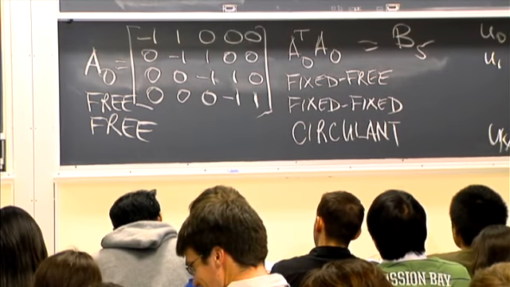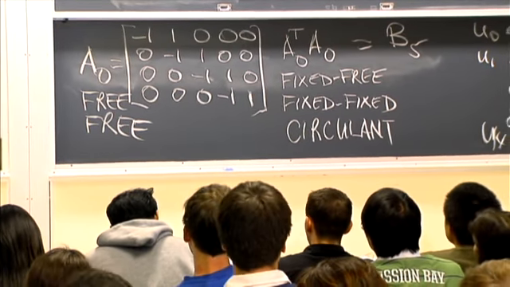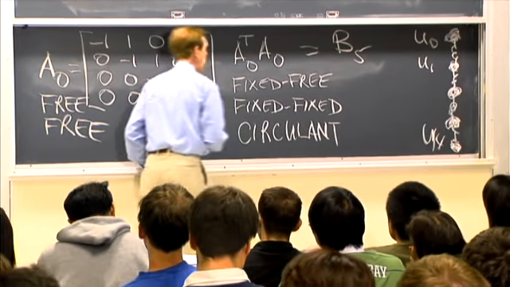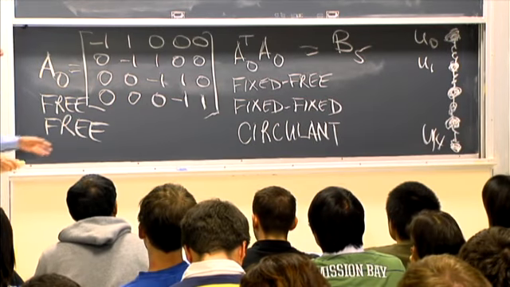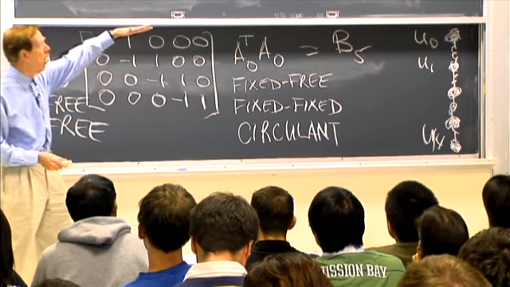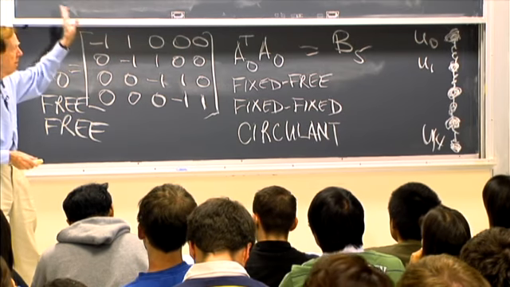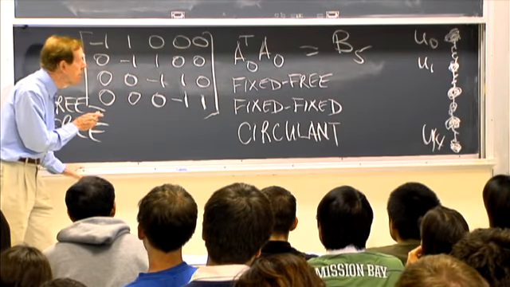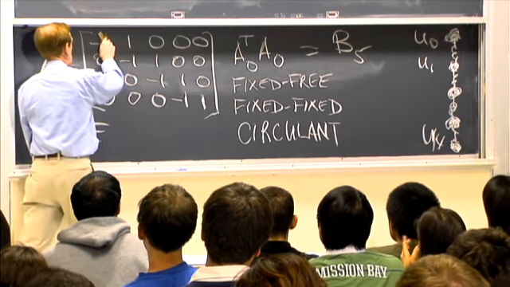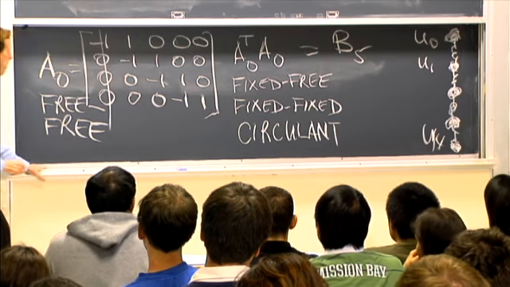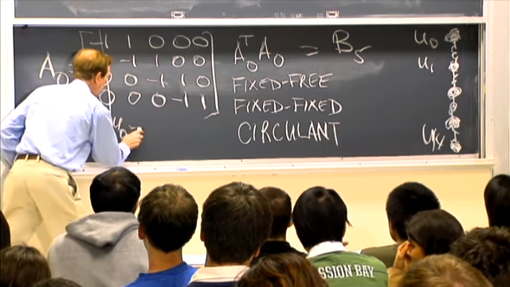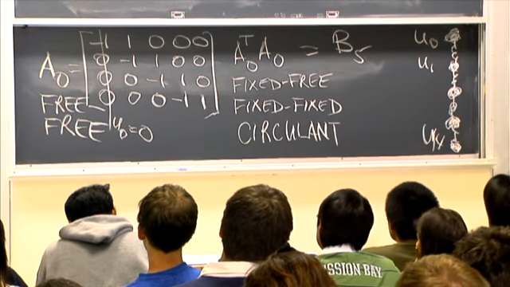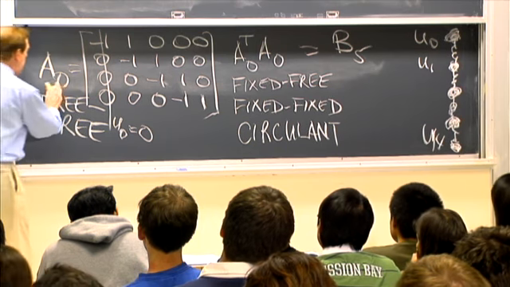That isn't the correct matrix for problem 1, because problem 1 was fixed. Let's get there in 2 steps. Suppose it's fixed free. So suppose I make U naught equal 0. So I ground the top node, I support the top node. That would knock out this one. If I fix U naught, say at 0, now I've got the next A, I won't call it A naught anymore.